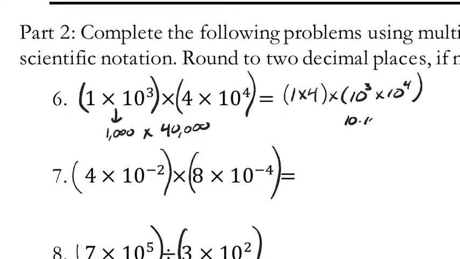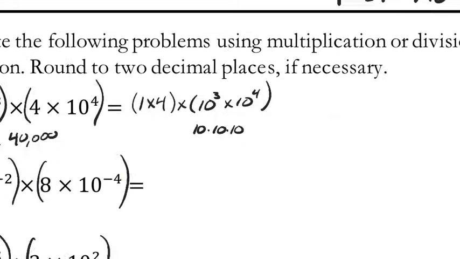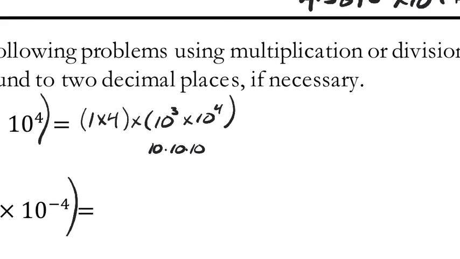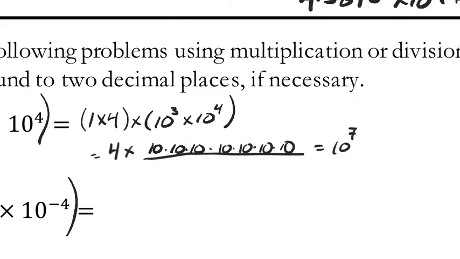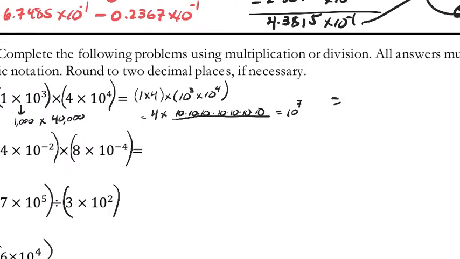And you could think of this like there's 3 tens, my bad, and there's 4 tens for a total of 7 tens, which means they're all multiplied together, so you get 10 to the 7th. 1 times 4 is simply 4. So the answer is 4 times 10 to the 7th.